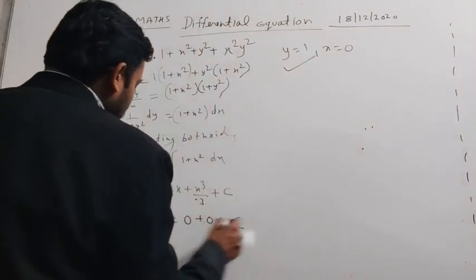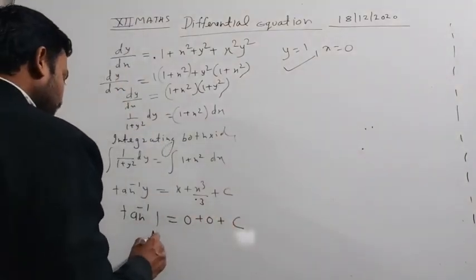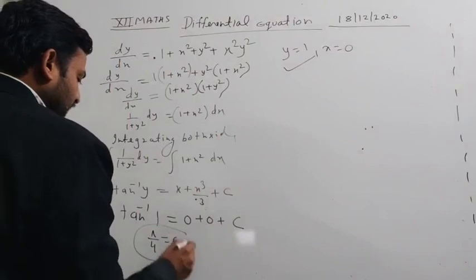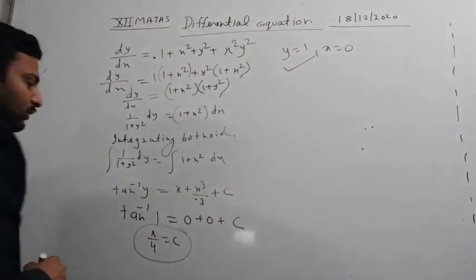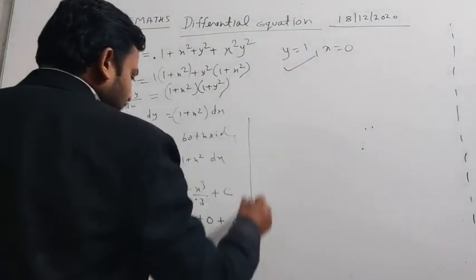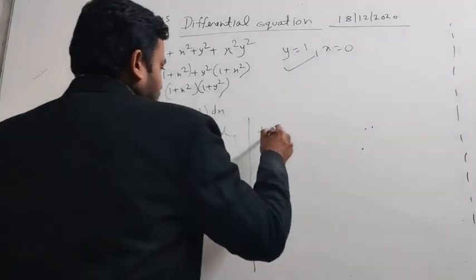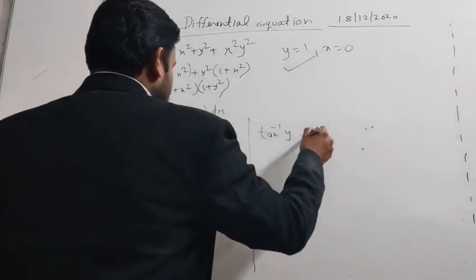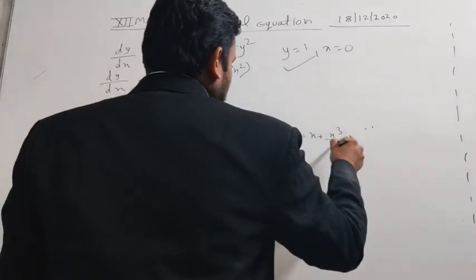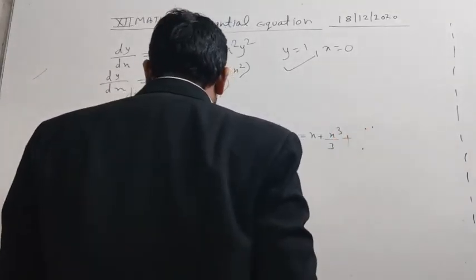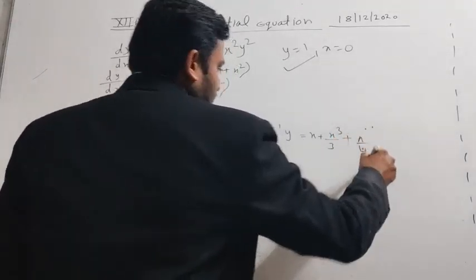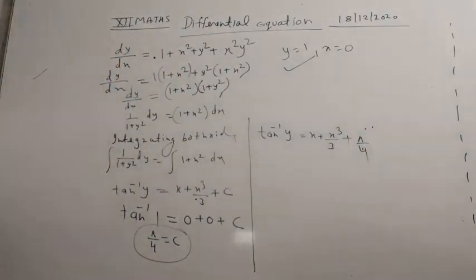So tan inverse 1 is pi by 4. So our c is pi by 4. Now we substitute the value of c here. So tan inverse y is x plus x cubed by 3 plus pi by 4, student.